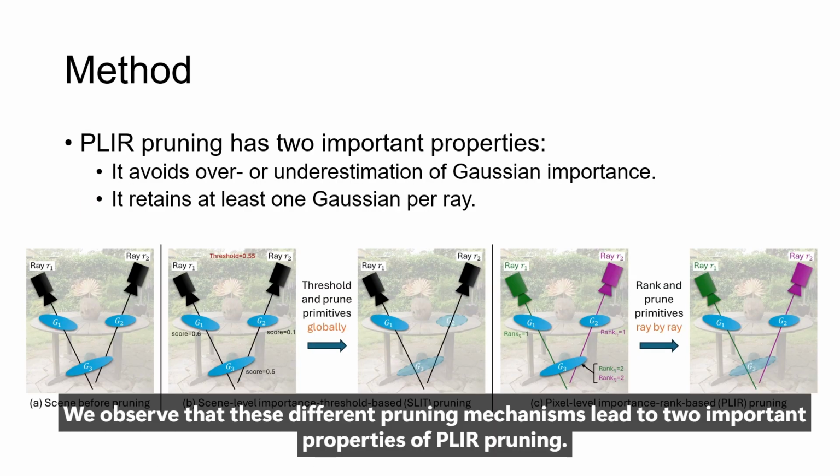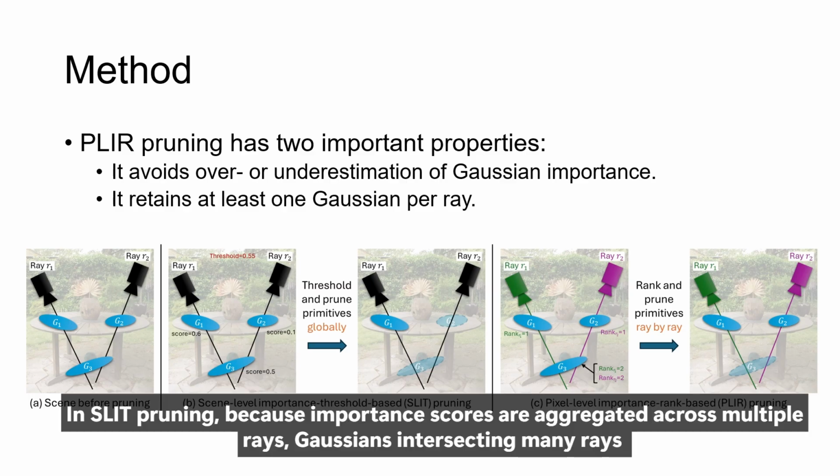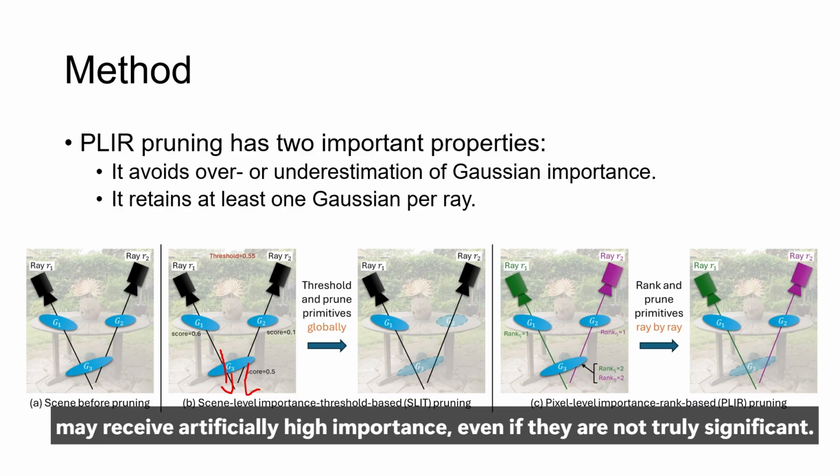We observe that these different pruning mechanisms lead to two important properties of BLUR pruning. In SLIT pruning, because importance scores are aggregated across multiple rays, Gaussians intersecting many rays may receive artificially high importance, even if they are not truly significant.